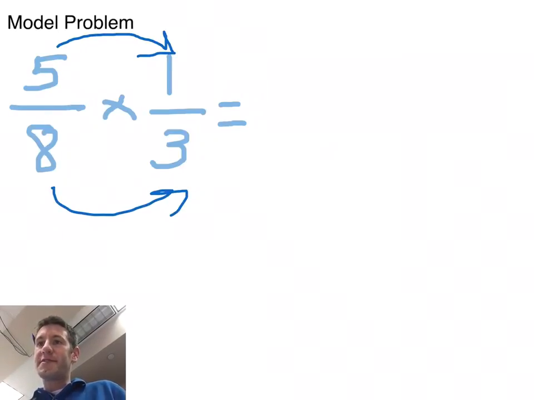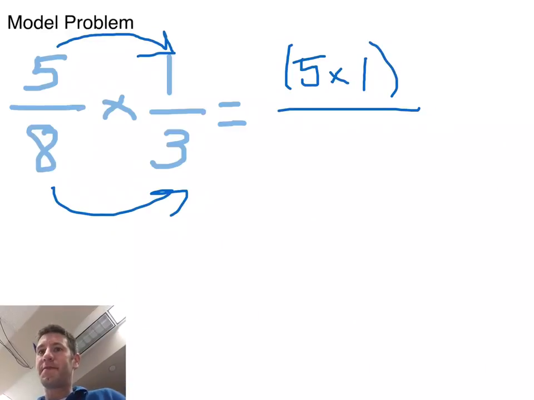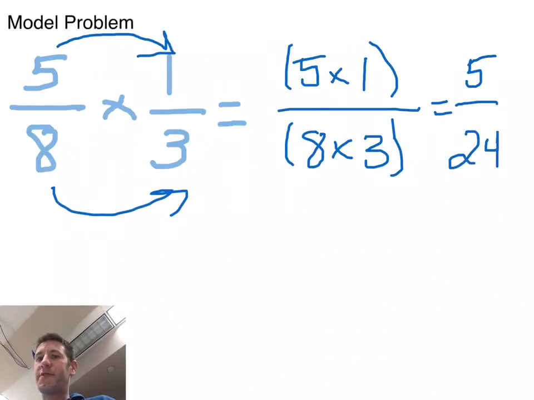So just so I can illustrate it for you, I'm going to have 5 multiplied by 1, and 8 multiplied by 3. Since I'm multiplying those together, that's going to give me 5/24, and that's your answer. And that's how you multiply fractions. So let's move on to the practice problem.